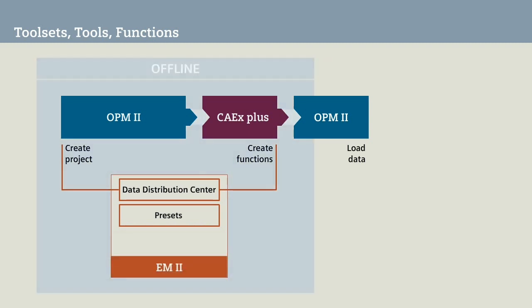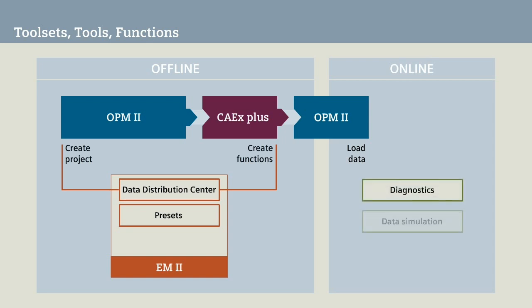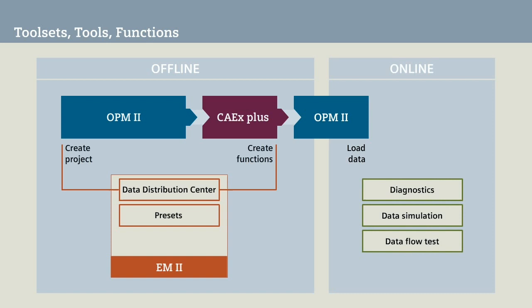You do all engineering tasks described so far offline, without the need of an automation unit. When loading the engineering data into the automation units, you switch to online mode. For the online mode, the SICAM Toolbox 2 contains various service programs, for example for diagnostics, data simulation, and data flow test.